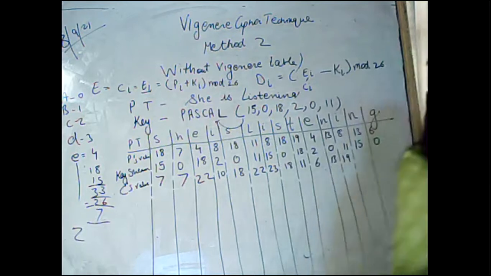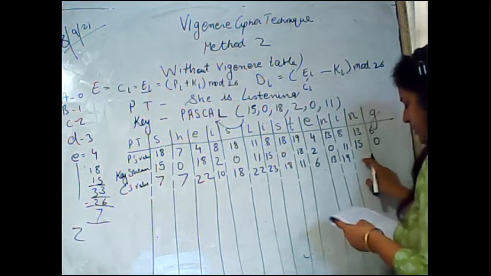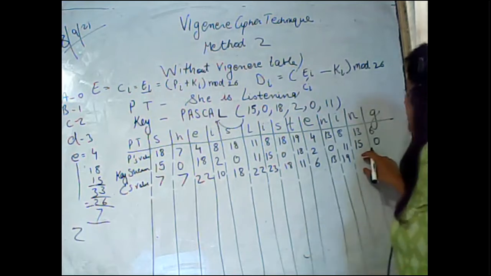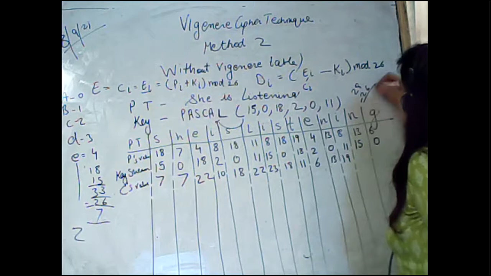What is 15 plus 13? That is 28, so we subtract 26 from it and get 2. Lastly we have 6. So these are your ciphertext values.